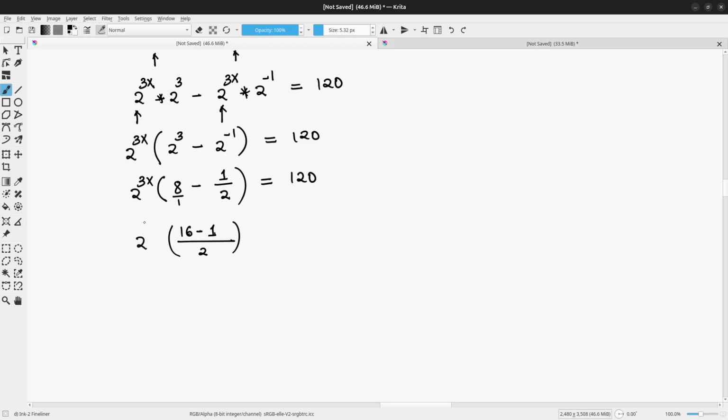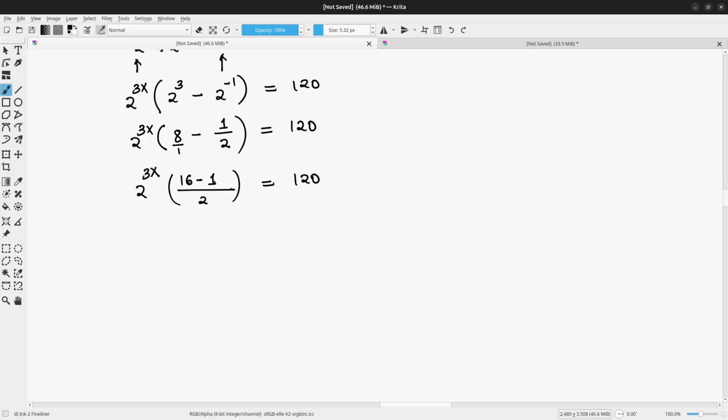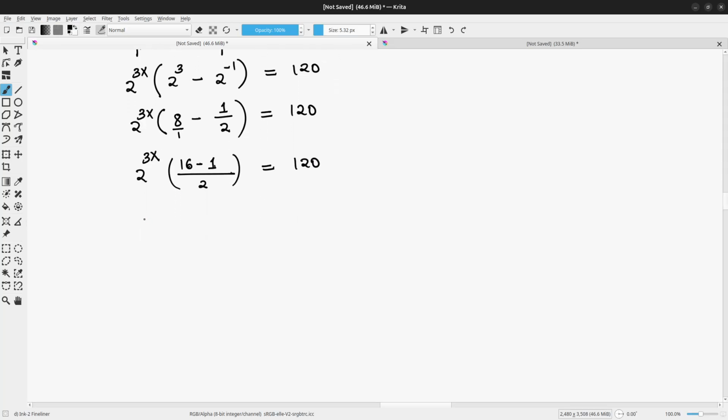We still have 2 to the power of 3x here. This is equal to 120. Now, this is the same as 2 to the power of 3x times 16 minus 1, that's going to give you 15 over 2, and this is equal to 120. So to get rid of the 15 over 2, we are going to multiply both sides of the equation by 2 over 15.